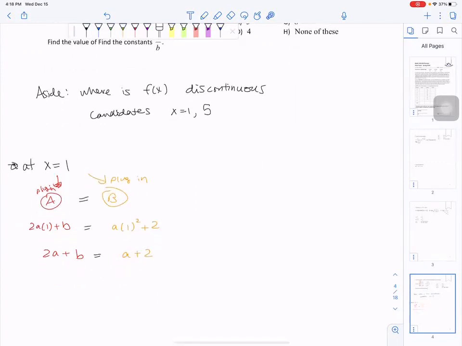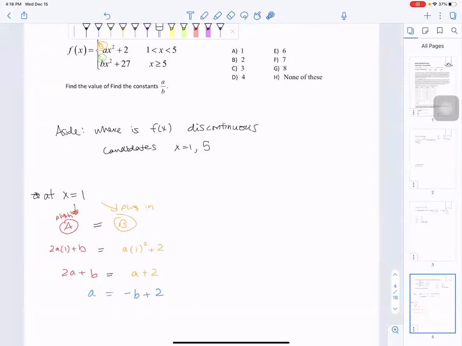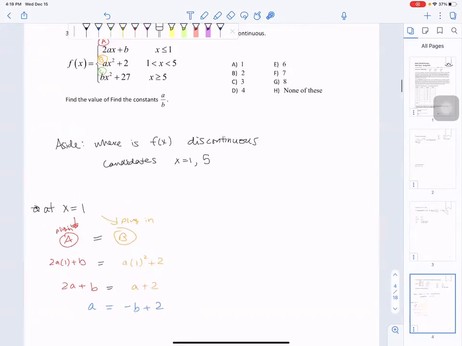What if I subtract A on both sides? That gives me A equals, let me also subtract B on one side, negative B plus 2. Right now this doesn't get us anywhere. We just have an equation, but this will be helpful when we do the next step. So even though you don't get an actual answer yet, it's fine. You have some expression that will be helpful.